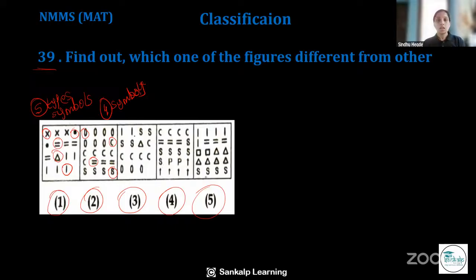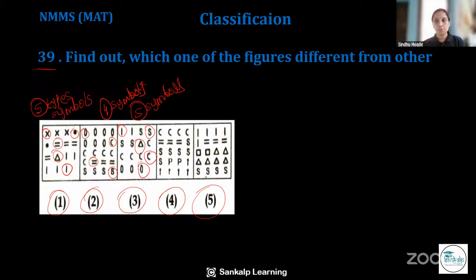Then third image contains one vertical S, then triangle, C and O, totally 1, 2, 3, 4 and 5 symbols. Means 5 different symbols. Not only 5, it gets arranged with the 5 different symbols.